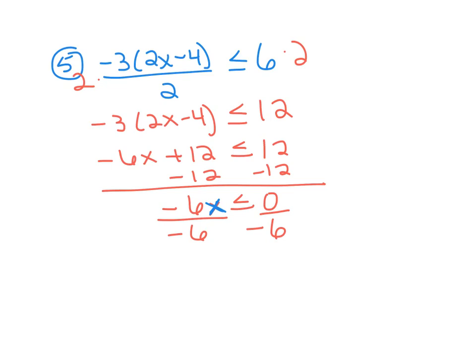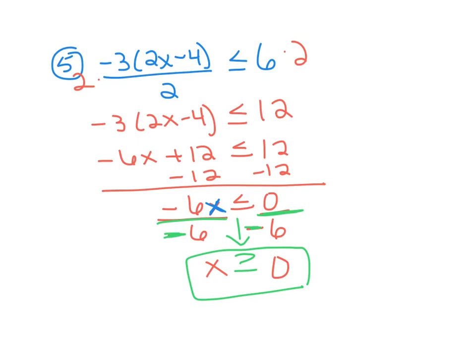Now remember those rules. x, 0 divided by negative 6 is 0, but you need to switch your sign because you just divided both sides by a negative. Remember that rule about when to switch your sign and when not to. Now, if you had to graph this one, you would just put your 0, maybe put a 1, maybe put a -1. Okay, are we good there?